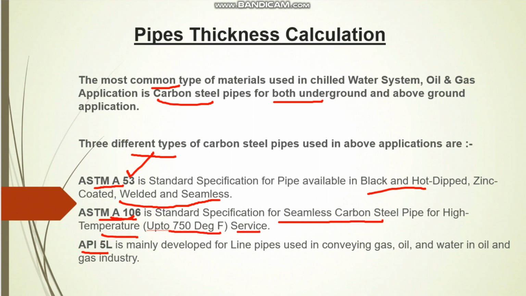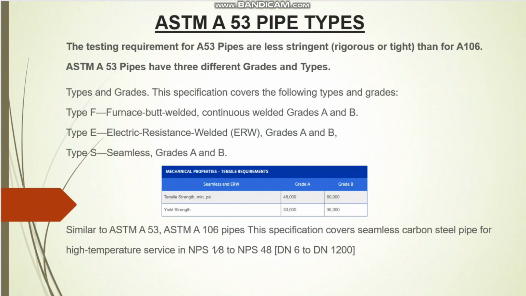API 5L we mainly use for oil and gas, developed for line pipes used in conveying gas, oil and water in the oil and gas industry. In HVAC or firefighting applications, we mainly use ASTM A53 and ASTM A106. API 5L pipe is mostly seen in oil and gas applications.